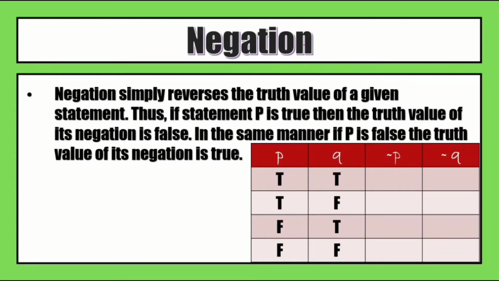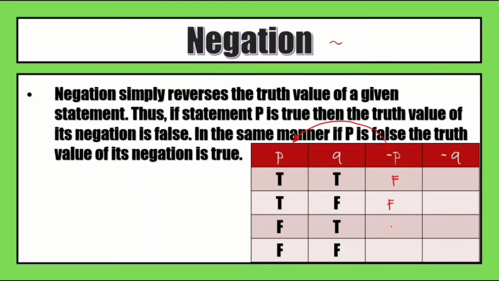Now, let's say we have a truth table. So, the symbol for the negation is this. Okay? So, kapag may nakita kayong ganito, ang basa dito is the negation of P. So, the reverse or yung kabaliktaran. So, kapag negation of P, syempre, titingin tayo kay P. Okay? So, true, it will become false. True, it will become false.